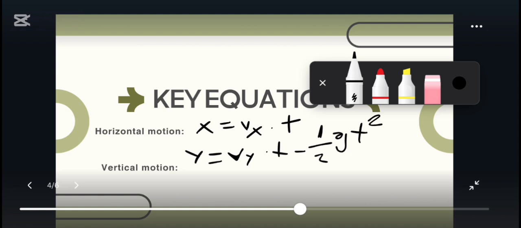These are the two key equations that you have to always remember in projectile motion.